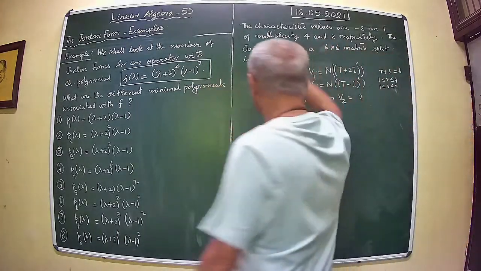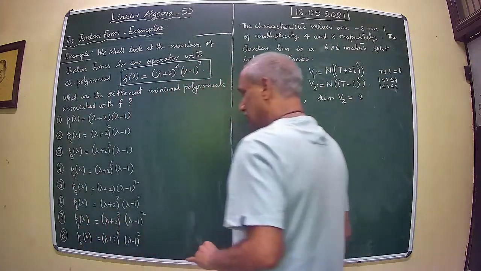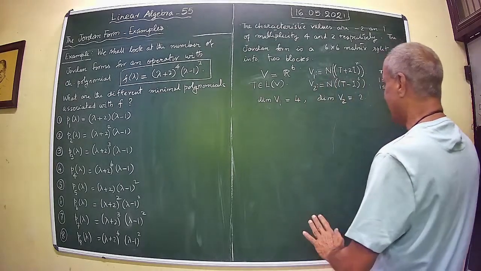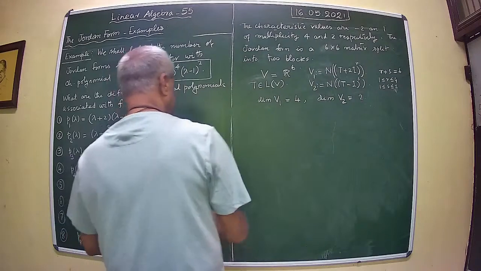So once you fix T, one of these possibilities is fixed. Here T is generic in the sense that it can accommodate any one of these possibilities.